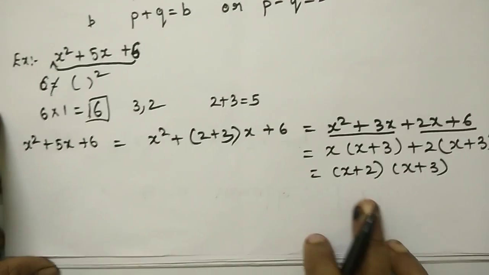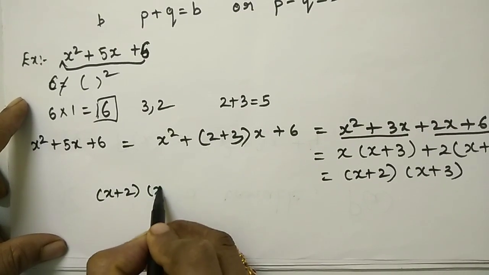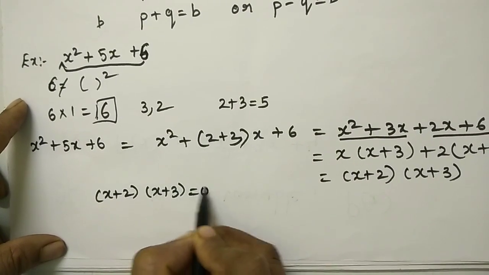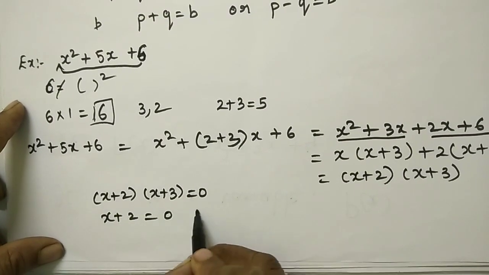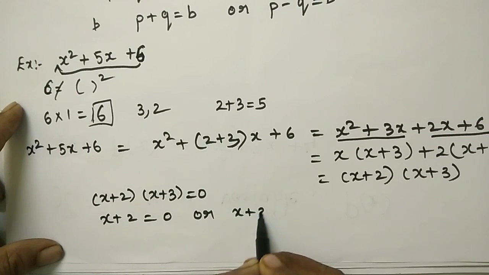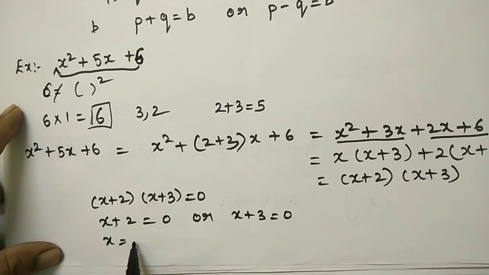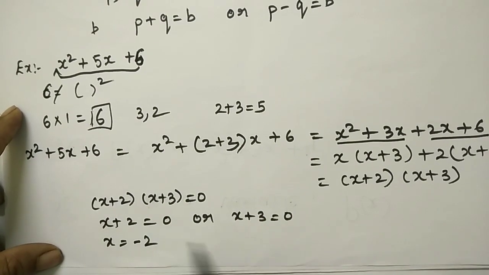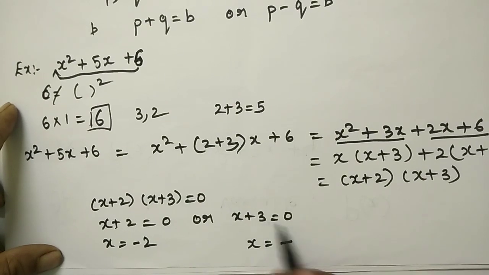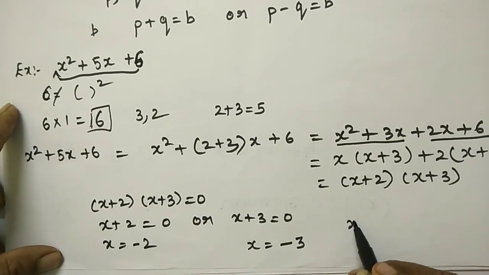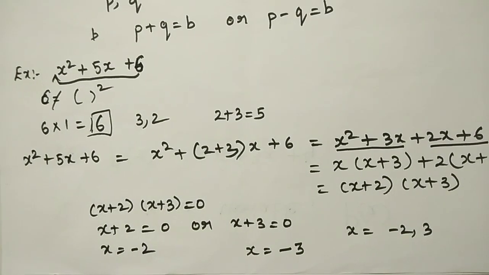To find the values of x, simply equate the factors to 0. x plus 2 equal to 0 or x plus 3 equal to 0. Here, plus 2 going to the right hand side becomes minus 2. x is equal to minus 3. So the values of x are minus 2, minus 3.